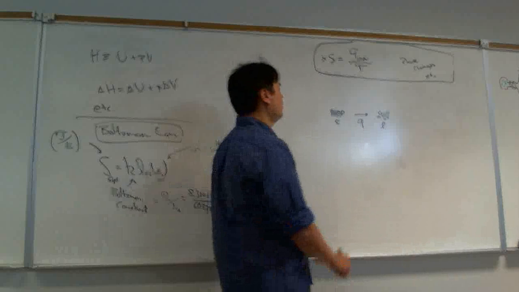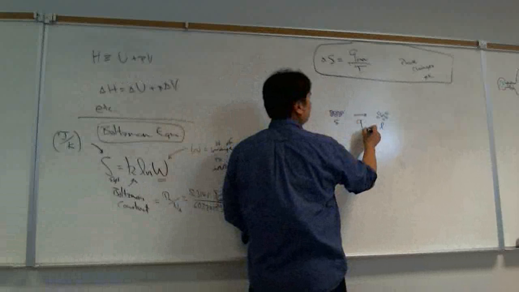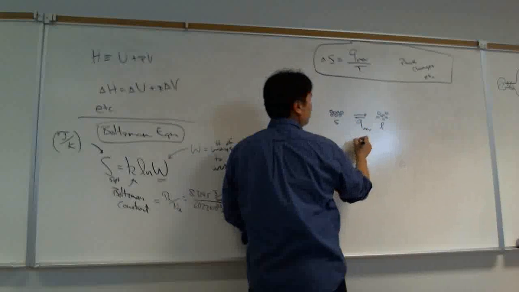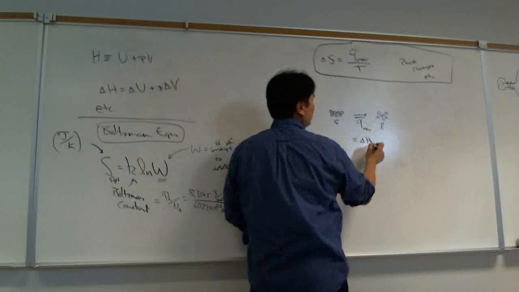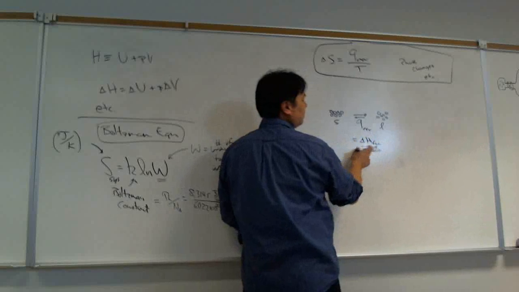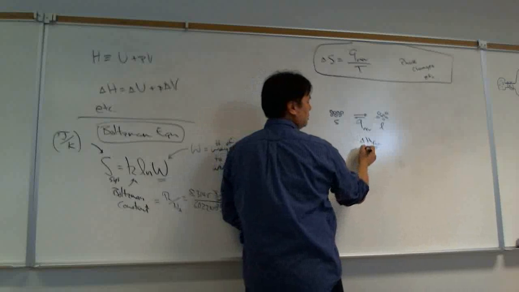So when we think about Q reversible at the solid-liquid equilibrium, Q reversible would just be delta H of fusion, the amount of heat.